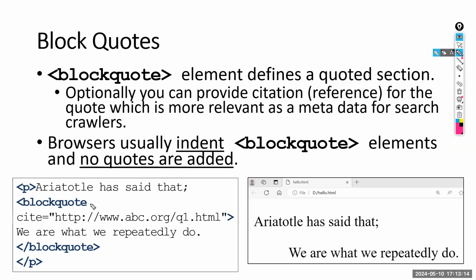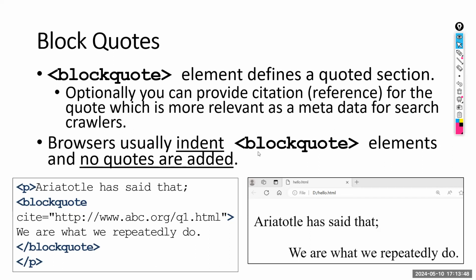And also when you quote something, usually you prefer to say where you quote it from. So there is another attribute called cite that you can use to give the reference. It is not displayed to the users unless they check the view source code. But these are more for web crawlers, search engine agents, and so on, so that they can understand that this text is from this particular website.